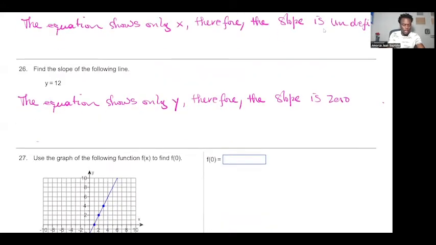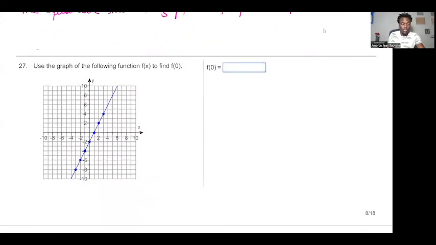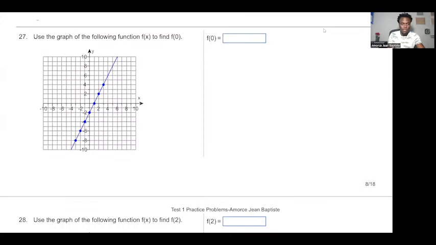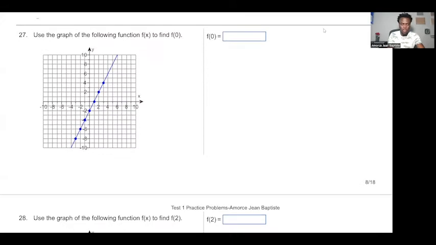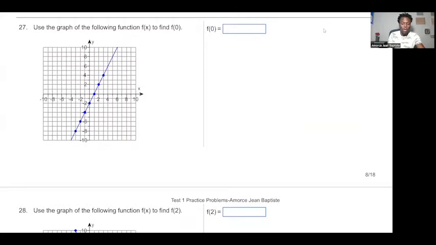Over here, we have this graph, and we are trying to find the value of f of 0. So they are giving me the input 0 that I can find on the x-axis, x equals 0.